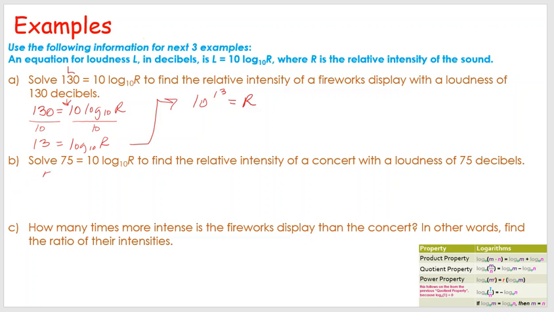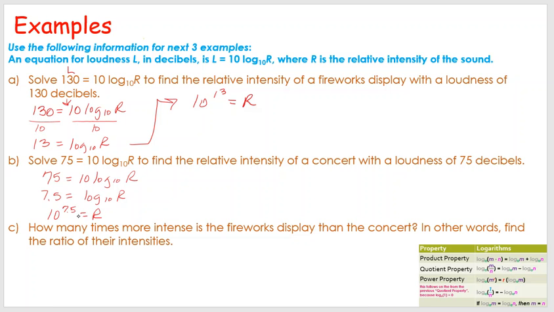So we're going to set this up just like we did last time. And then I'm going to divide both sides by 10. So I get 7.5 equals log base 10 of R. And now I'm going to rewrite that in exponential form. So I've got 10 raised to 7.5 equals R.